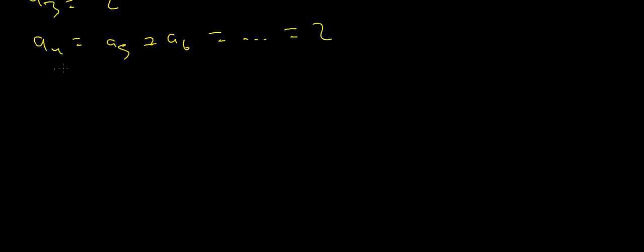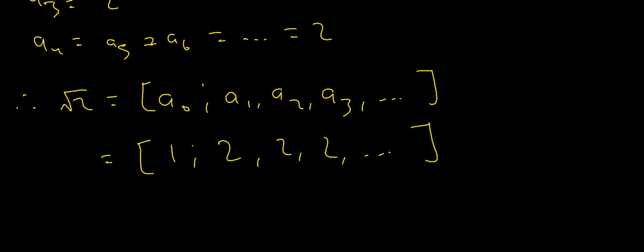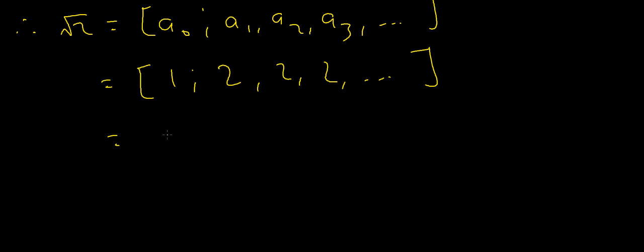So therefore, root 2 has the continued fraction expansion a0 followed by a1, a2, a3, and so on and so forth. Using our values, that's just going to be 1, because that was a0, followed by 2, and 2, and 2, an infinite sequence of 2's. And if I wanted to write that in shorthand notation, that would just be 1 followed by 2 bar, which indicates that the sequence of 2's goes on recurring forever.